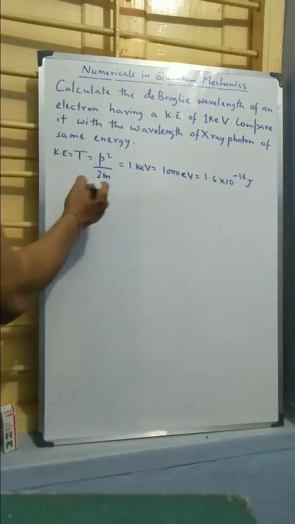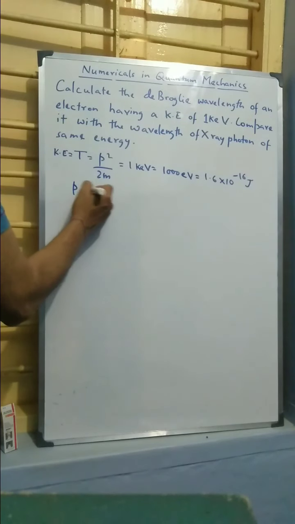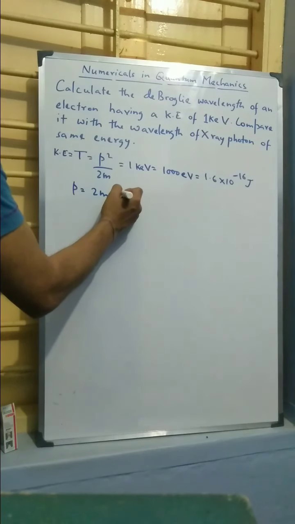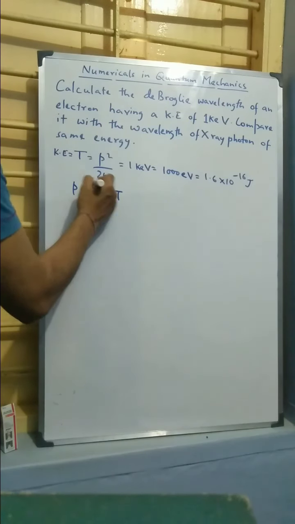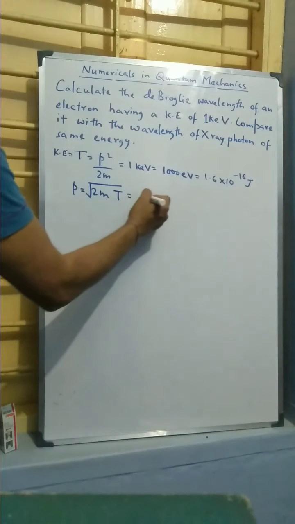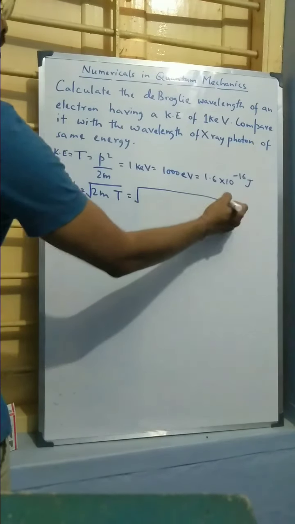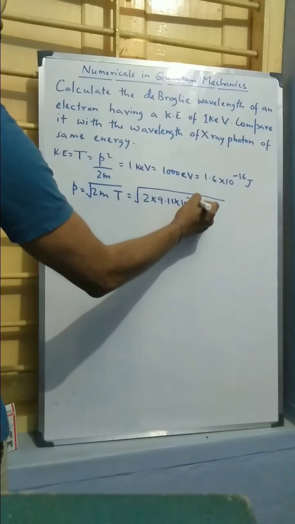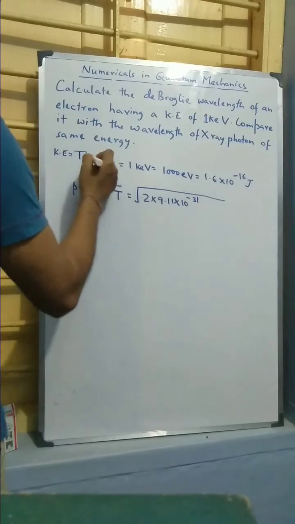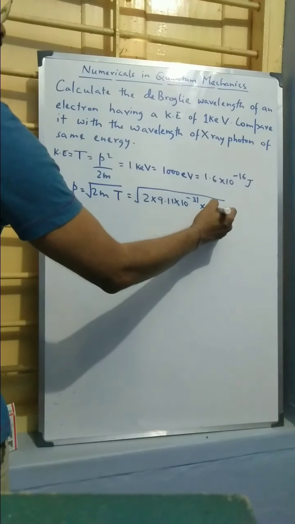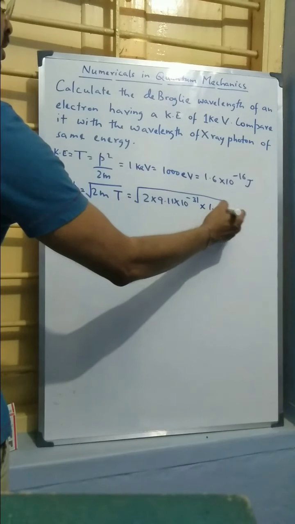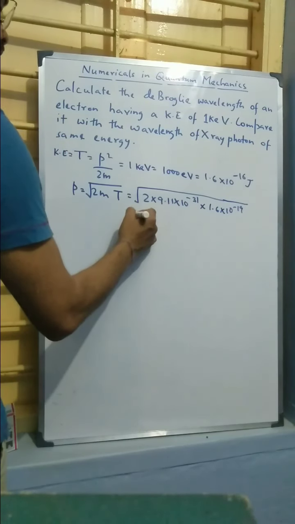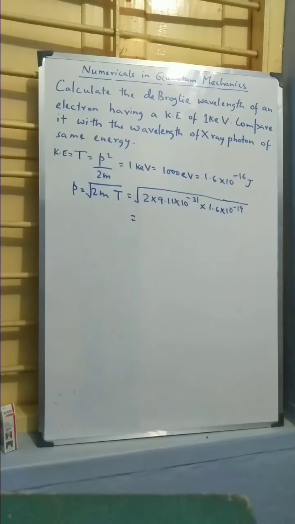So we can calculate the corresponding momentum, p equal to root over 2m times T. This gives root over 2 times 9.11 into 10 to the power minus 31 kg, that is the mass of the electron, times the kinetic energy in joules.